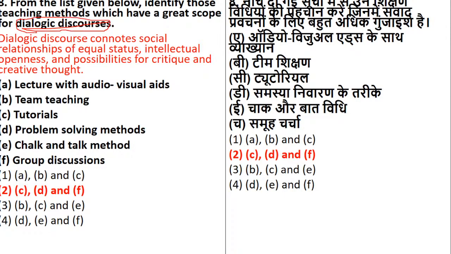Even criticisms are taken openly. Audio visual lectures only make things interesting. They do not tell you about improvement or creativity. Team teaching has a hesitant factor, so even this does not come up with dialogic discourse. The chalk and talk method is related only to what is there. It does not go for creativity.